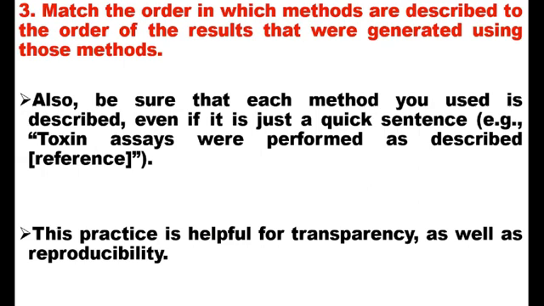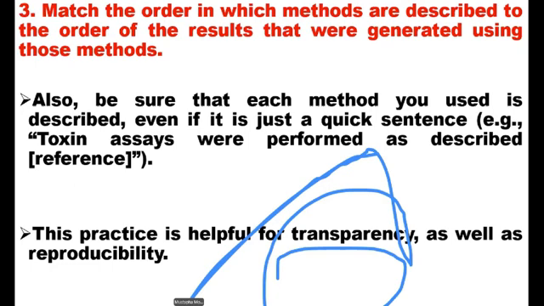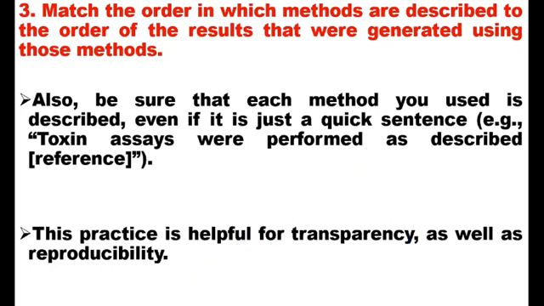This practice is helpful for transparency as well as reproducibility. We must be able to know that, for you to look at the pH of the water, you inserted pH probes into the water and then took your reading. You should be able to tell us which work has done this kind of thing that is informing what you are now doing, so that at the end of the day, your work can be trusted.